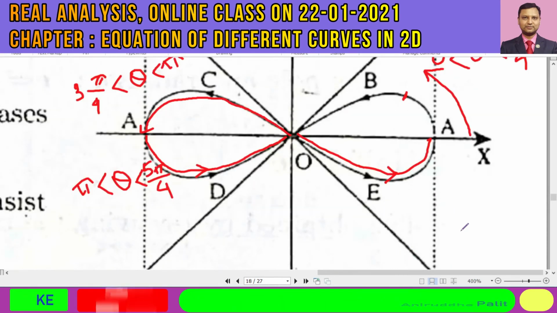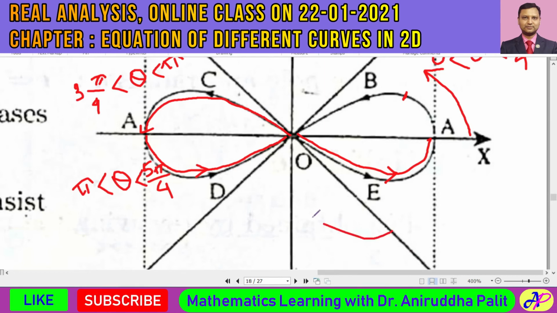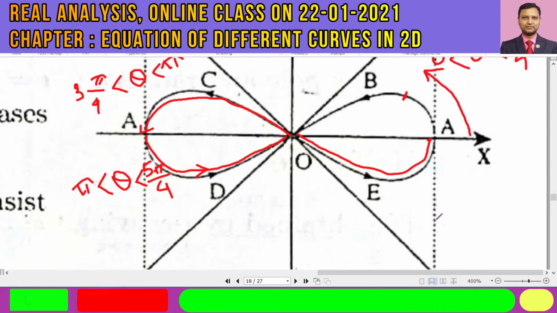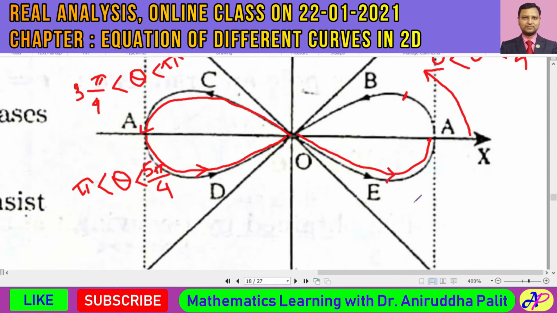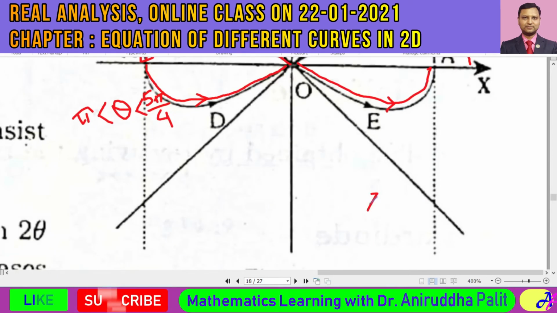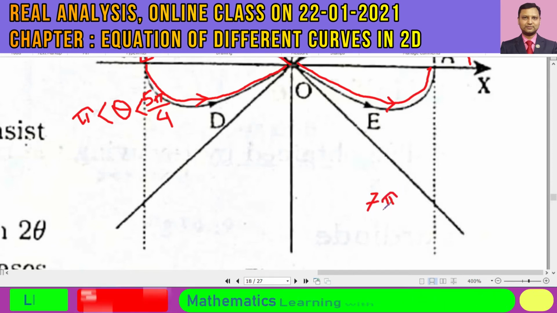What is the angle made by this straight line with the positive direction of the initial axis? This much angle. What is this much angle? This angle is equal to 7 pi by 4.